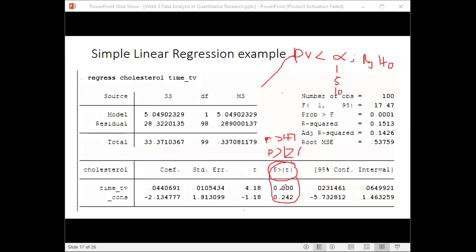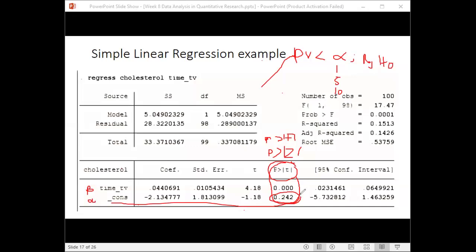So let's look at this one we said is the beta, and this one we said is the alpha, the constant. Let's start with the alpha. Alpha gives us a p-value of 0.242. Who can tell me what we do here?